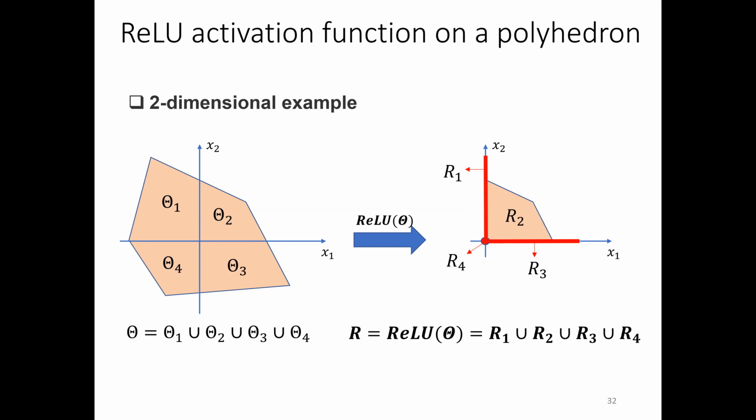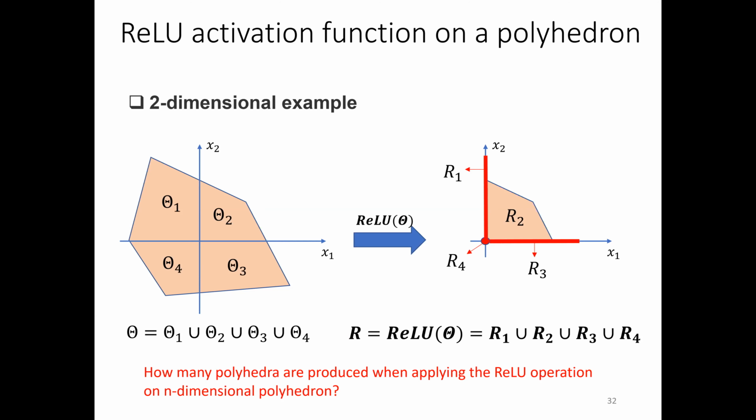So if I have an n-dimensional polygon, then how many polygons are gonna be produced when you apply the ReLU operation? 2 to the n, 2 power n, right? In the worst case.